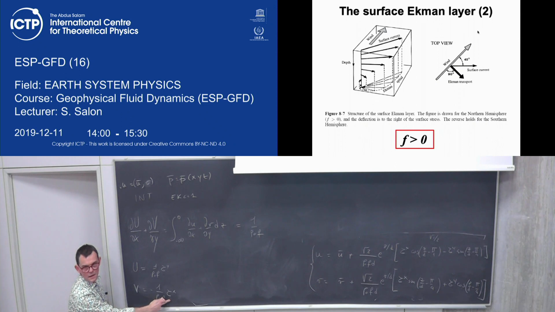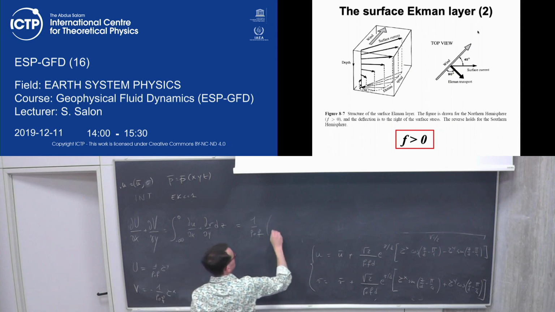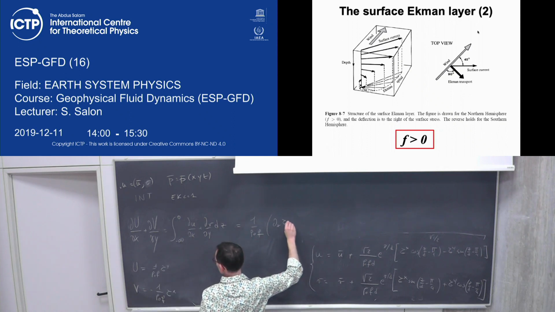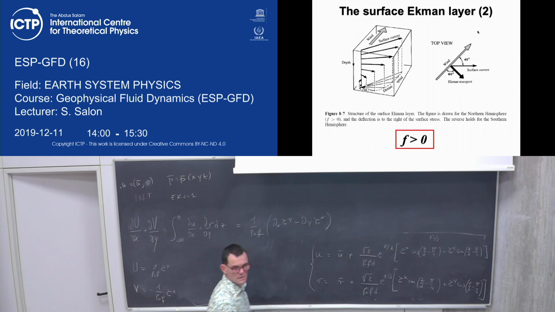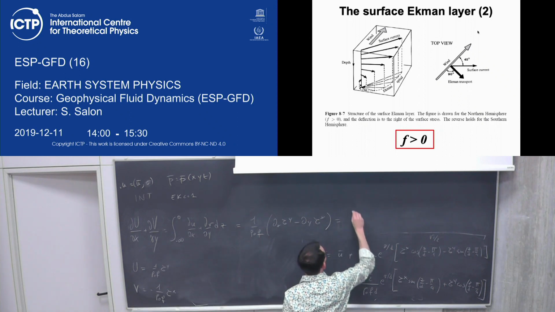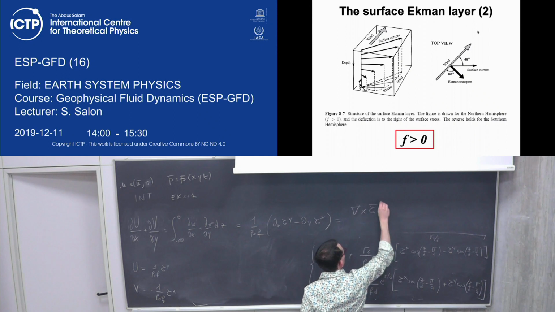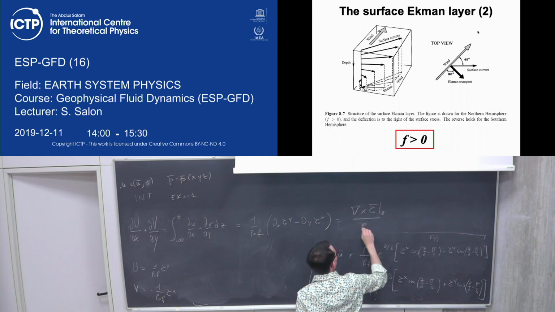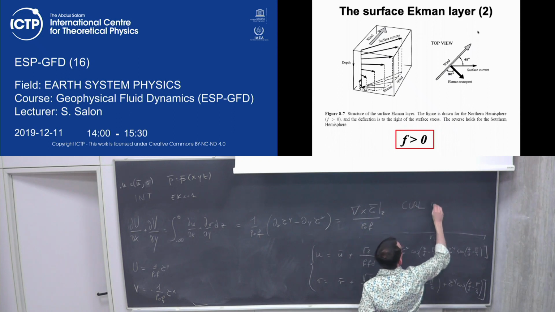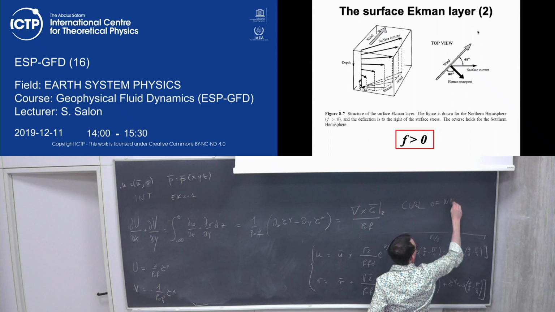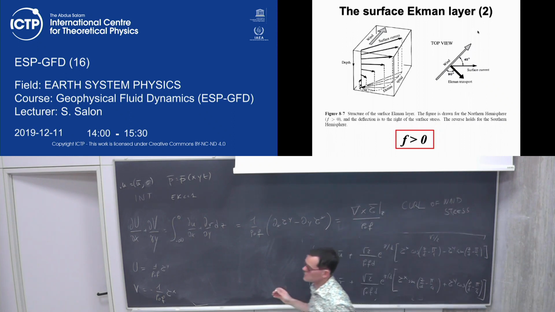What is this? Not 0. dx tau y minus dy tau x is the z component of the vorticity of tau. So we will call it, and this is called, the curl of the wind stress, or wind stress curl, whatever.